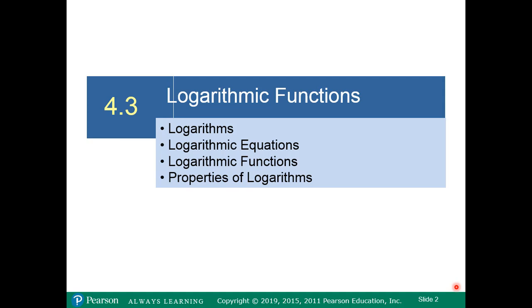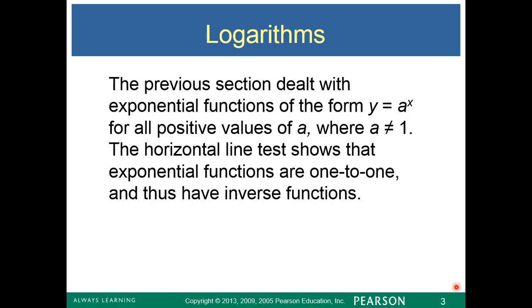And since they are inverse functions, you're also going to remember from the first section on inverses, everything applies here as well. Okay, so the previous section dealt with exponential functions of the form a to the x, where a is not equal to 1 and positive.